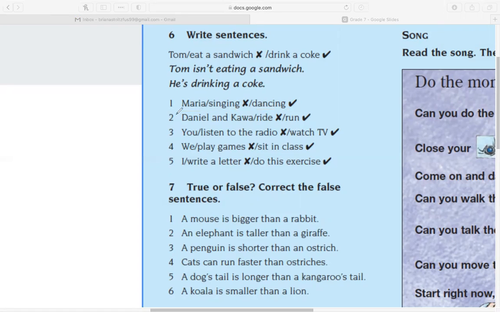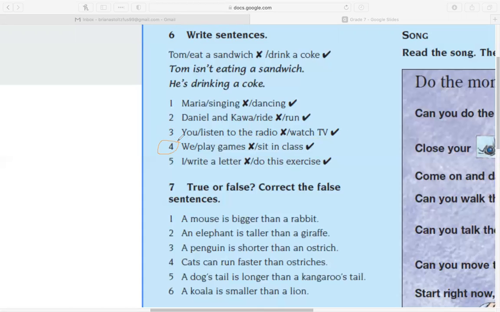Number 2, can you make a sentence? The answer is Daniel and Kawa aren't riding, they're running. Number 3, can you make a sentence? The answer is you aren't listening to the radio, you are watching TV.